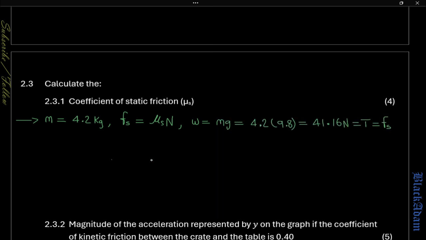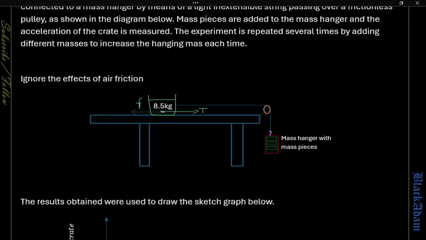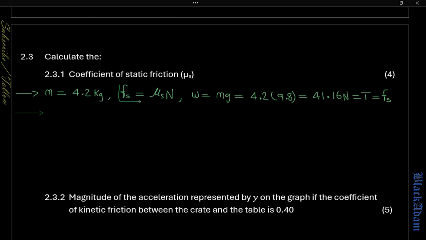We have two forces there, the normal force and the weight. The equation is: static friction equals the coefficient of static friction multiplied by the normal force. Our mass is actually 8.5 kg.